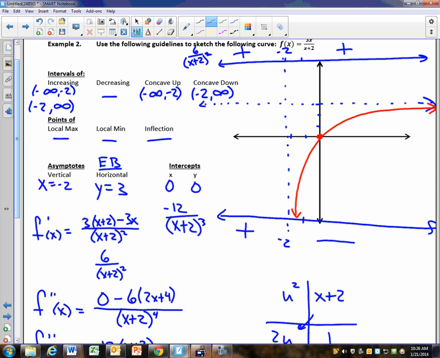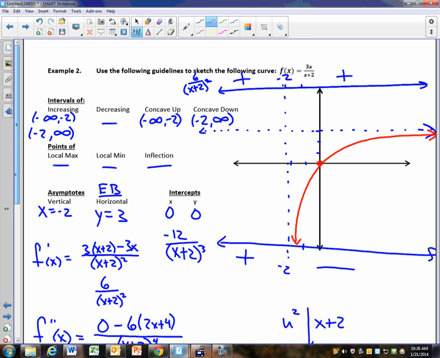We don't have a point that it passes through, so we have to be smart about it. We know that it's increasing, and we know that it's concave up. If I draw it in the bottom, is that increasing and concave up? No. If I draw it in the top portion, is that increasing and concave up? Yes. So therefore, I draw it just like that.